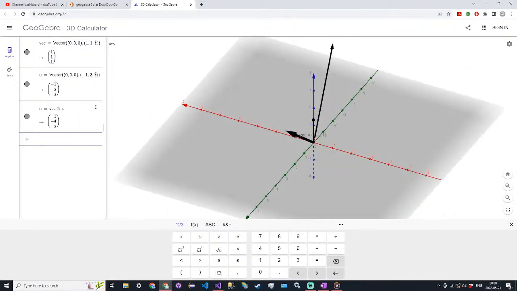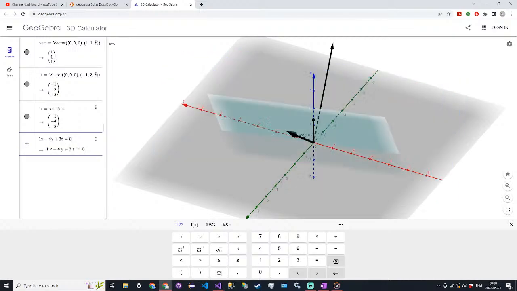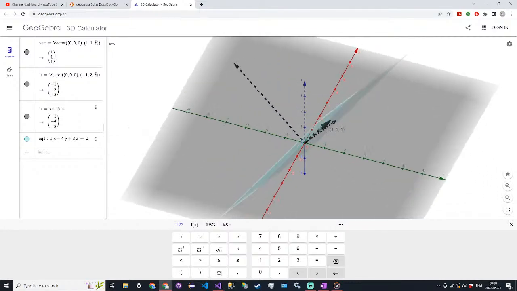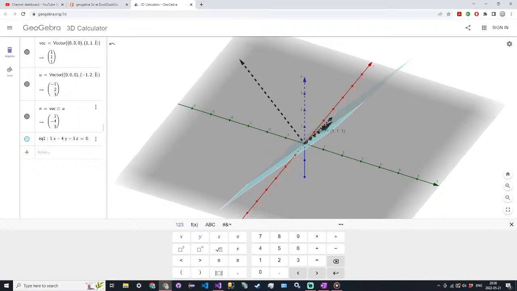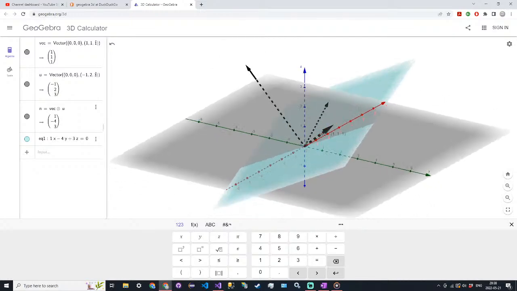And a little trick that you can use to define a plane is, if you have a normal vector, you can take the components of the normal vector and use them in a linear combination here. So 1x minus 4y plus 3z is equal to 0. And that defines a plane. You can see that both of the original two vectors are in this plane, and we have the cross product being perpendicular to the plane.